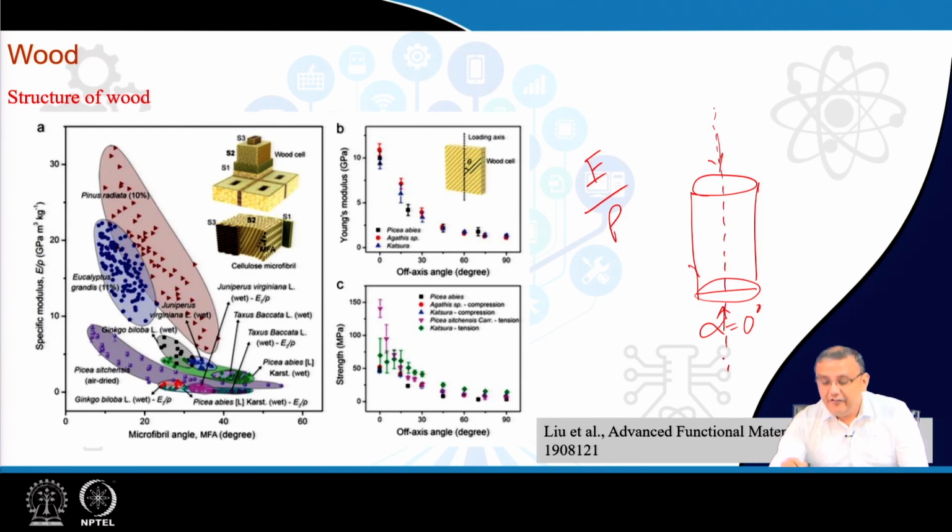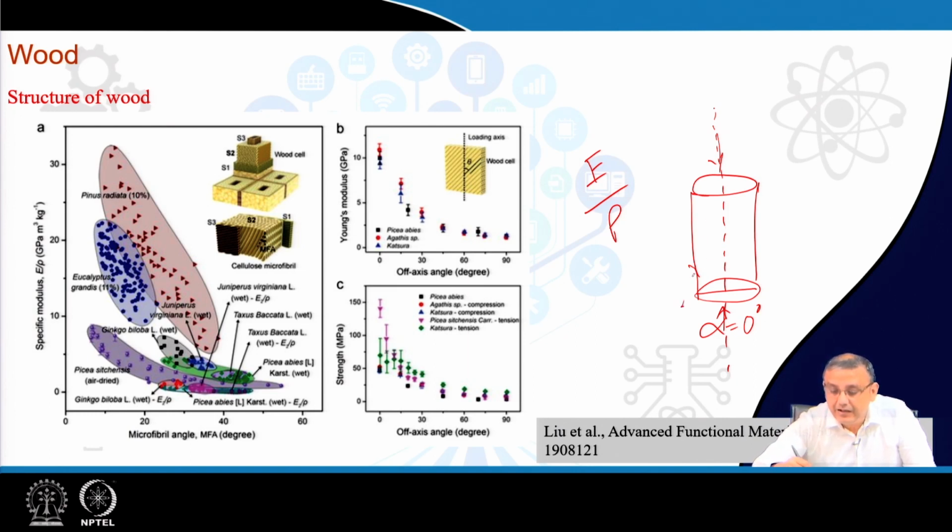If the loading direction, the compression direction, is along the trunk axis, then we have alpha equal to 0 degree. Now, suppose the loading direction is changing, that means it is no more like this, it is now increasing like this.